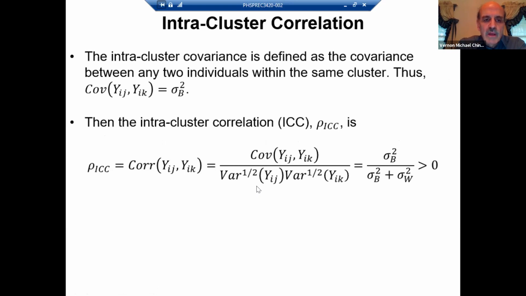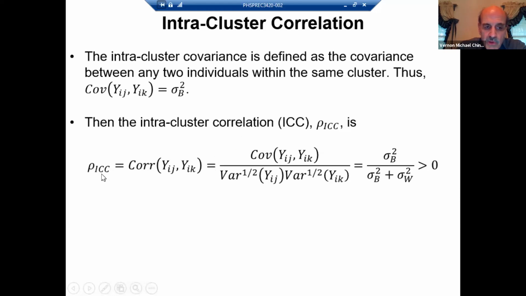First, the intra-cluster covariance between any two members in the same cluster. Notice here, I'm looking at the covariance between Yij and Yik. So these are two individuals, J and K, from the same cluster. Their covariance is going to be sigma b squared. They're related to one another simply because they're within the same cluster. All I'm doing next then is converting the covariance to a correlation.